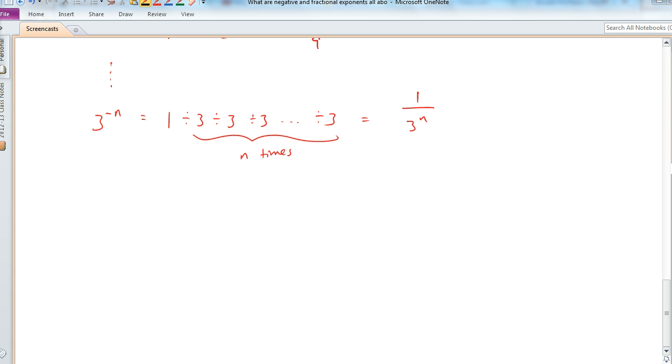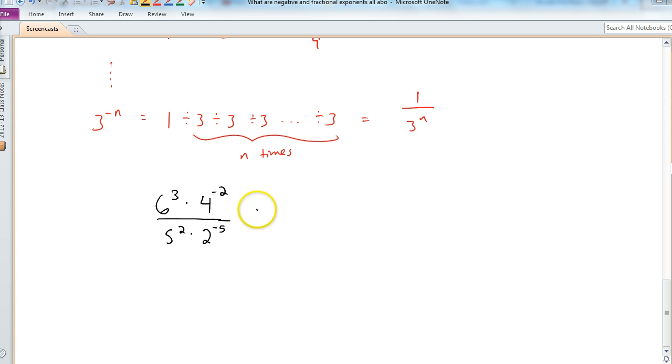While we're here, let's think about something like 6 to the 3rd times 4 to the negative 2 over 5 squared times 2 to the negative 5th.